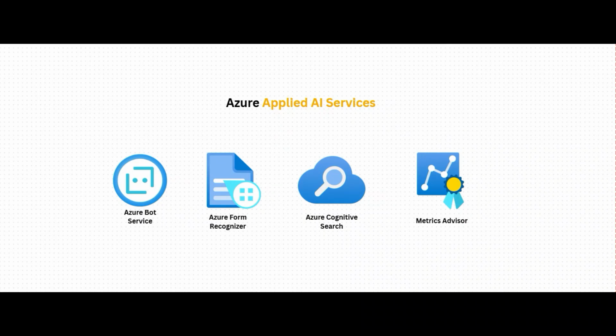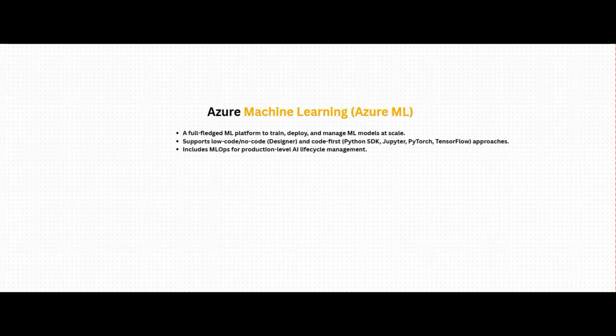Azure Cognitive Search for building AI-powered search experiences in the app. And Metrics Advisor for monitoring and detecting anomalies in time series data. So while cognitive services provide the core AI building blocks, applied AI services combine those into ready-made solutions for real-world use cases.